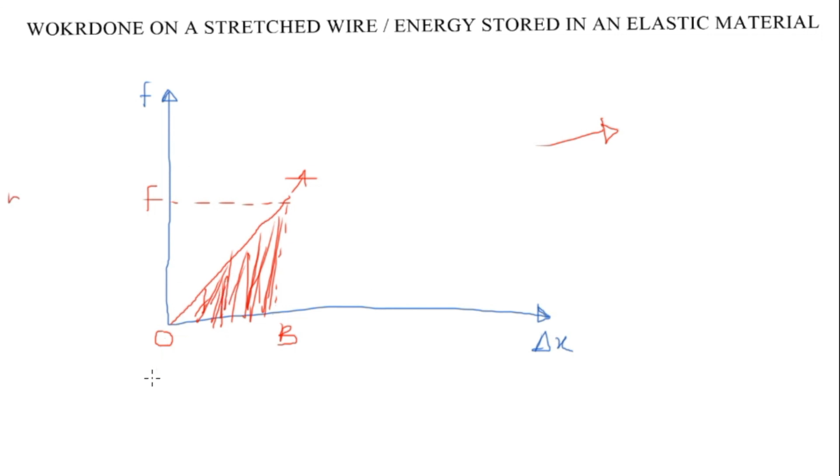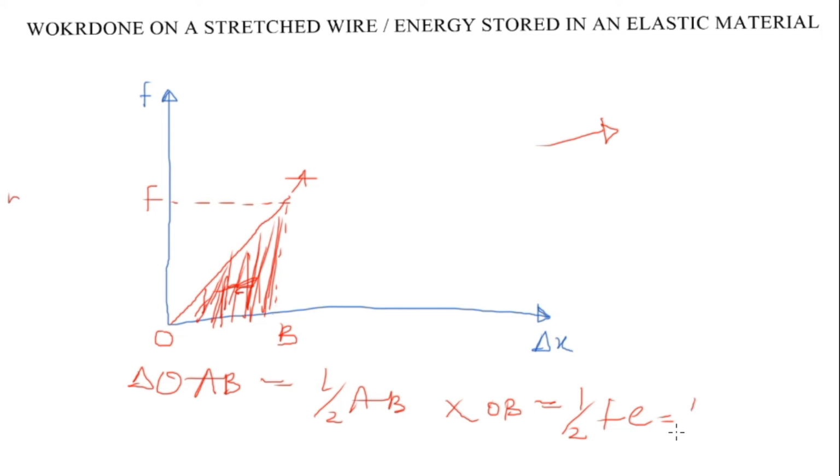Now, the energy stored is the area of the shaded portion within the elastic limits. That's it. That is, the area is equal to triangle OAB. And the area of triangle OAB is half AB times OB, and that's equal to half Fe, which is the same thing as half Ke squared.